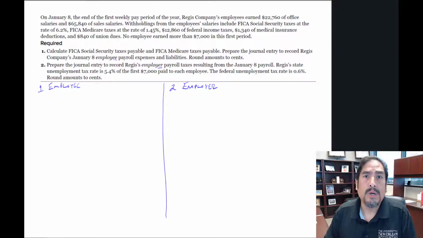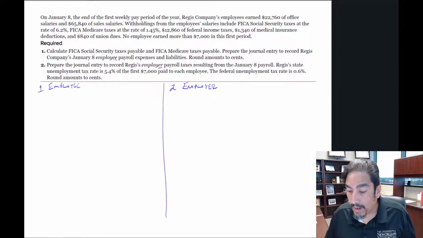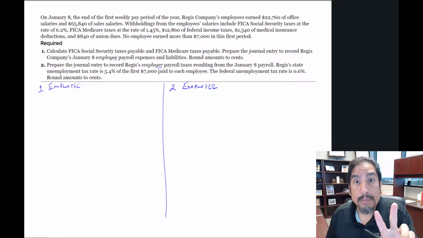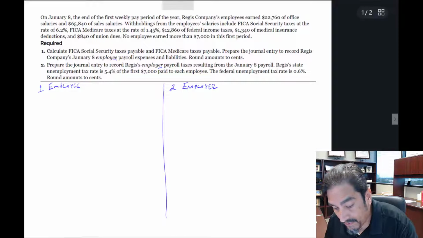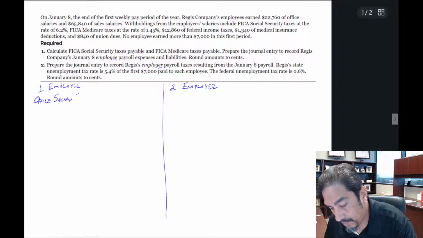So first, we're going to record the gross pay. We're going to record the total amount of expense that we are paying our employees. So they broke it up into 2 pieces in this problem. They've got office salary and sales salary.